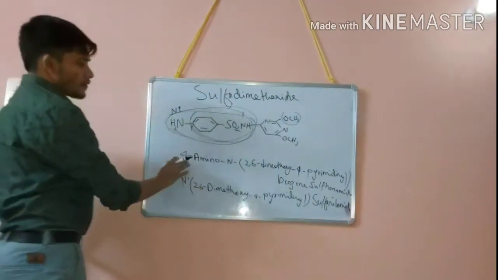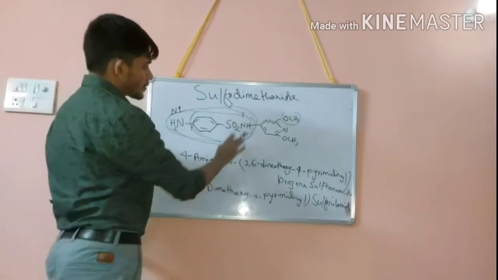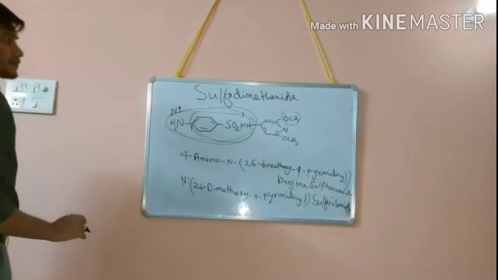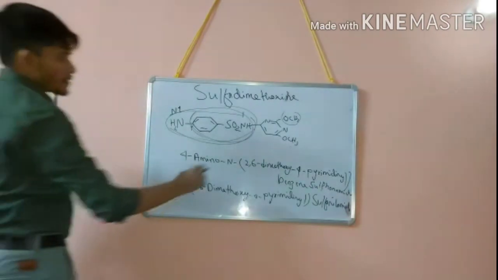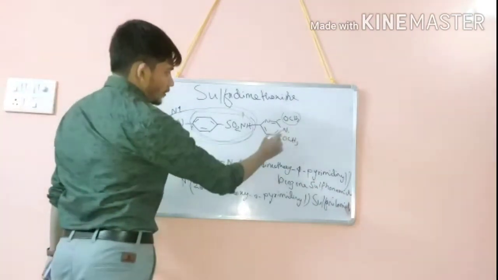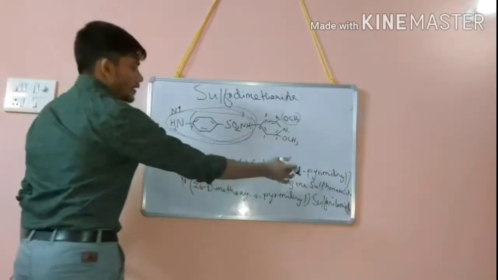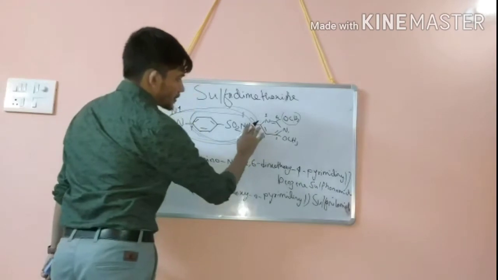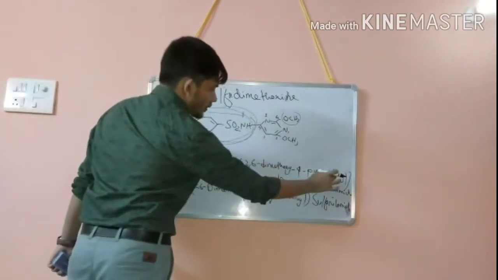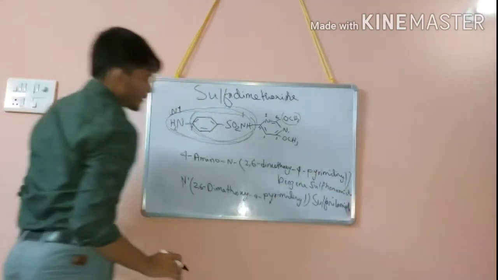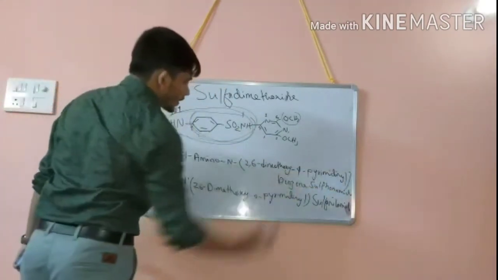So 4 amino N1, 2,6 dimethoxy 4 pyrimidinil. Here 1, 2, 3, 4, 5, 6. That's why 2,6 and 4 pyrimidinil, in the 4 position one connection is there. So that's why it is not ending with pyrimidine, rather it is ending with yl, pyrimidinil, then benzene sulfonamide.